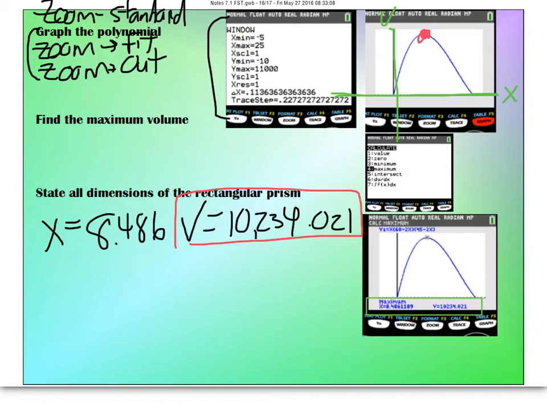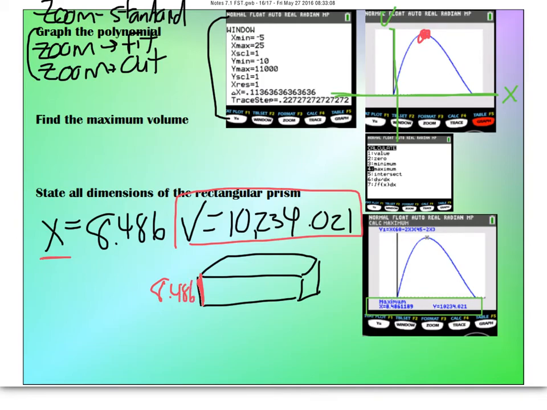Well, how big does the box have to be? Well, remember the shape of this box looks something like this. This X value we found was this dimension. So I actually know one of the dimensions was this right here. Well, how do you find out what the other dimensions are? How do you know what this is and how do you know what this is? Well, we had the original formula or the original drawing.